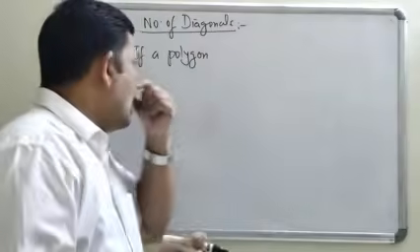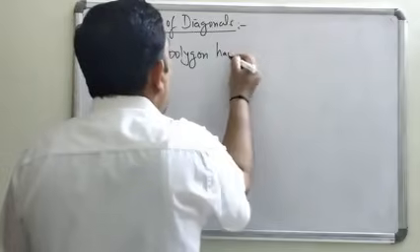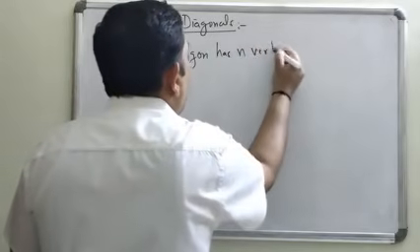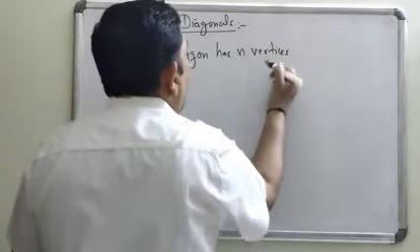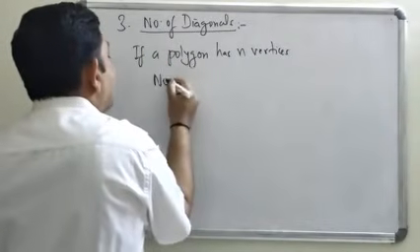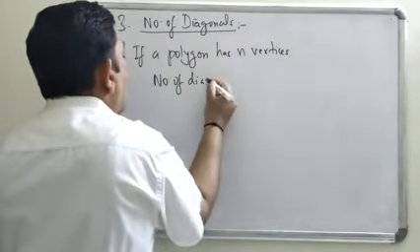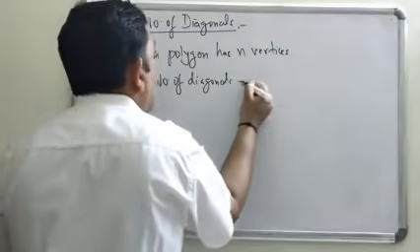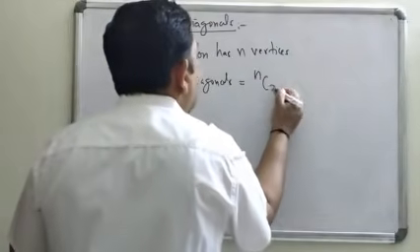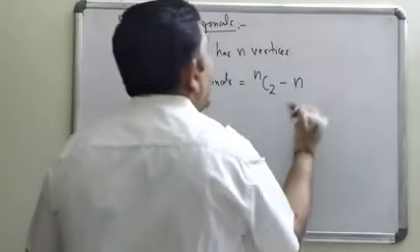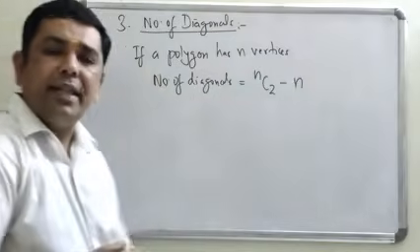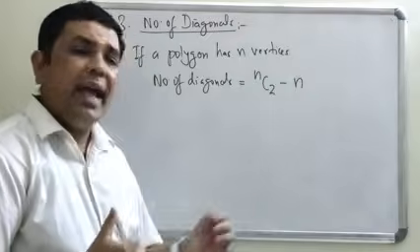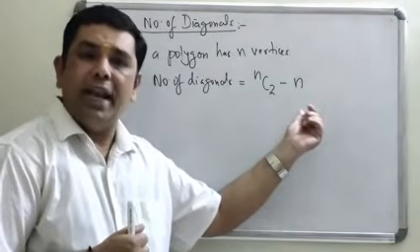Poly means many. So if a polygon has n vertices, then the number of diagonals will be NC2 minus n.